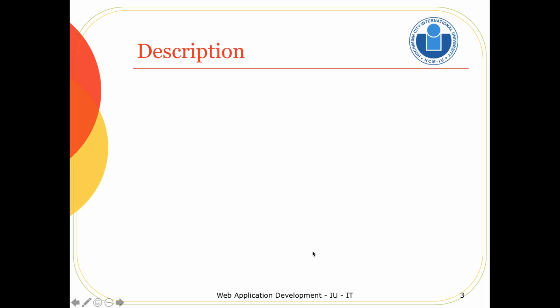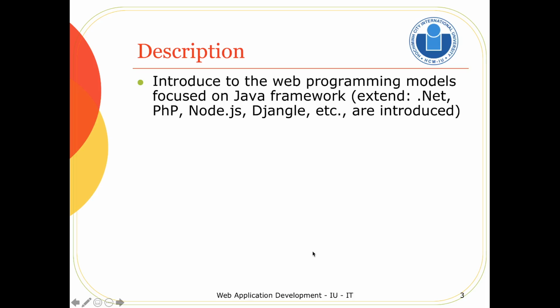This is the description of the course. First, an introduction to the web programming model, right? Focus on the Java framework; .NET, PHP, Node.js, Django, etc. are introduced. It means that imagine now you are in the third year, and normally this course is for third-year students, when you have finished some previous courses, for example, programming, OOP, object-oriented programming, Java programming, database, right?